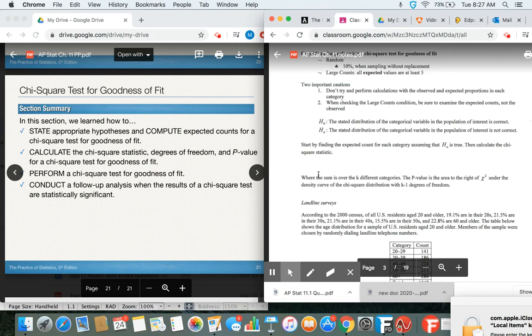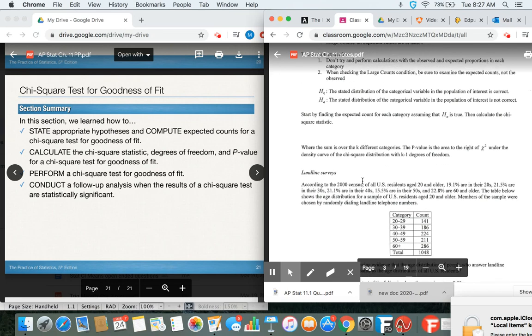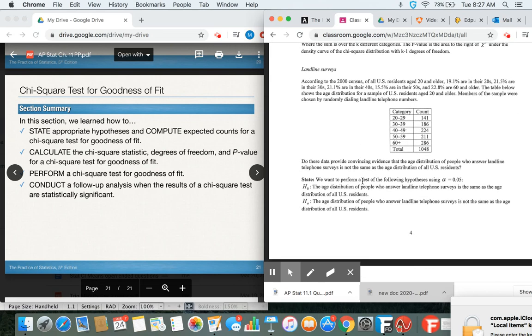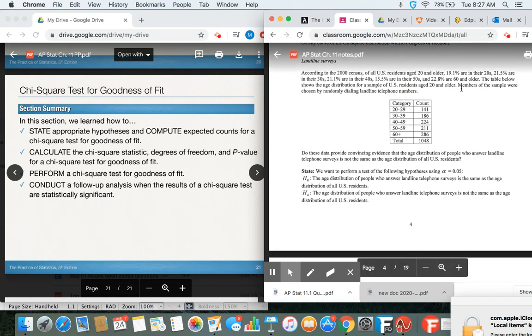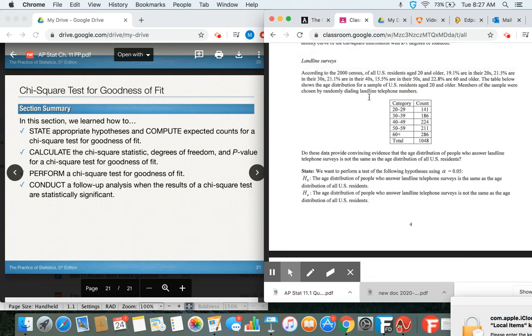Okay. In your notes, if you just refer to this example right here, this landline surveys. It says, according to the 2000 census, all U.S. residents aged 20 or older, it gives a percentage breakdown of those that responded that were in their 20s, 30s, 40s, 50s, or 60 and above. The table below shows the age distribution for the sample of U.S. residents aged 20 or older.